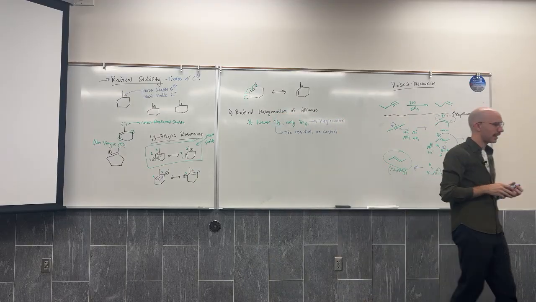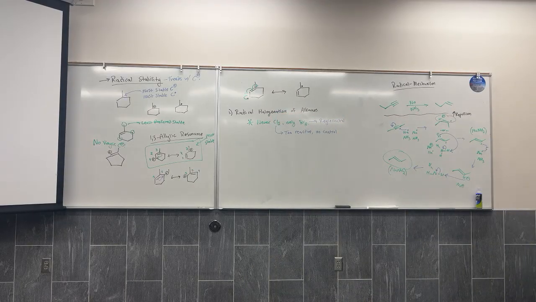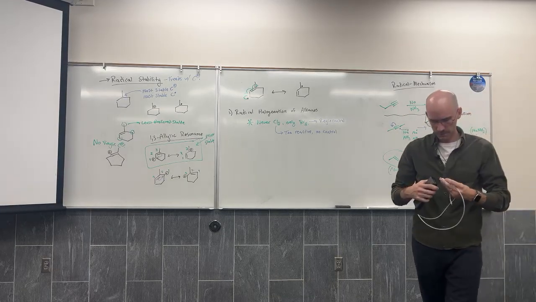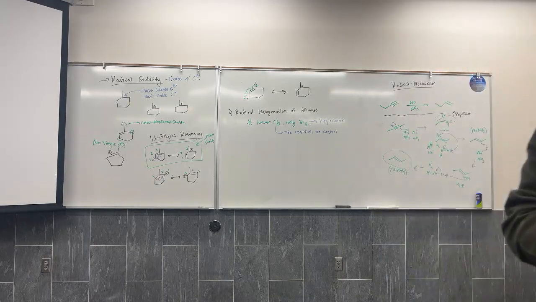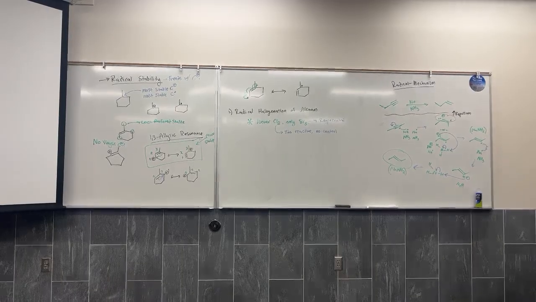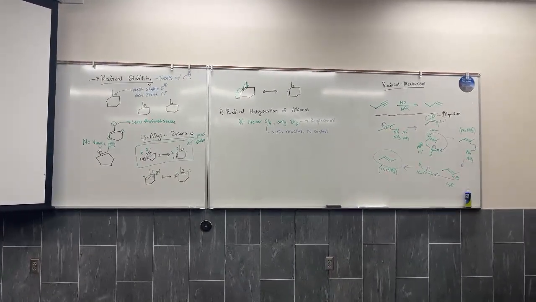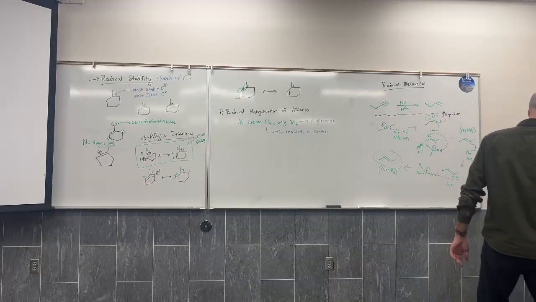What do you think I'm trying to get at there by saying it gives us regio control? Where will it be placed? Like on most substituted. It will go to the most substituted carbon. Exactly. So it's like Markovnikov, but radicals?